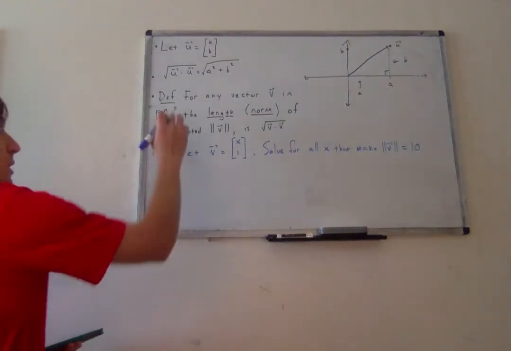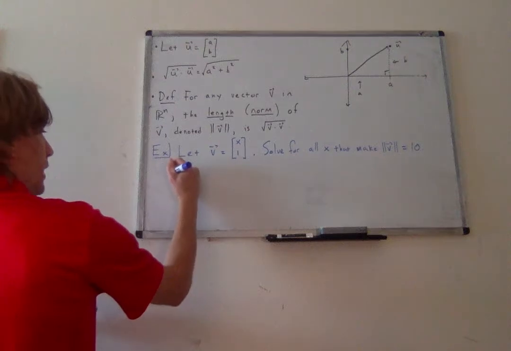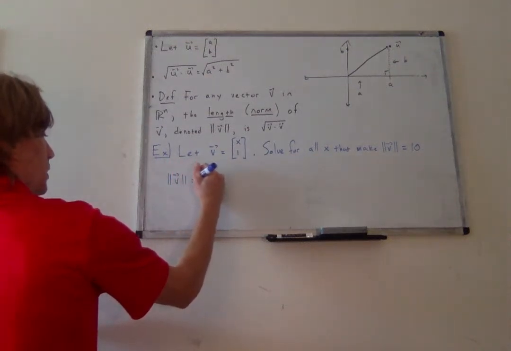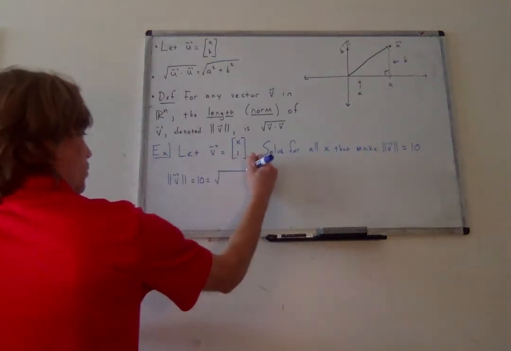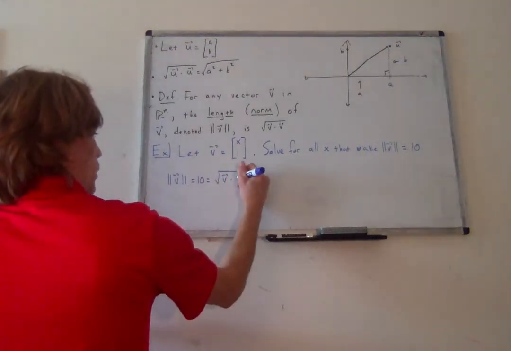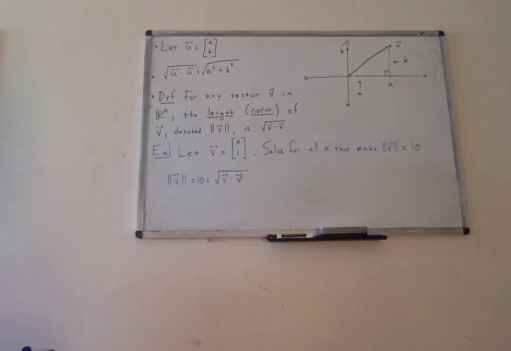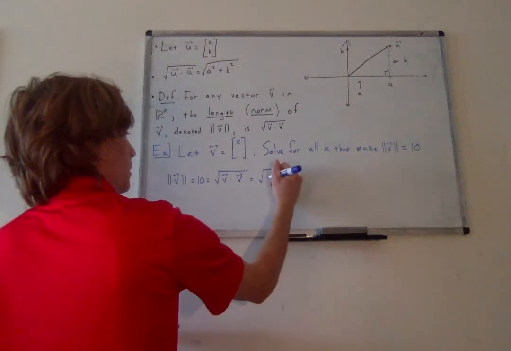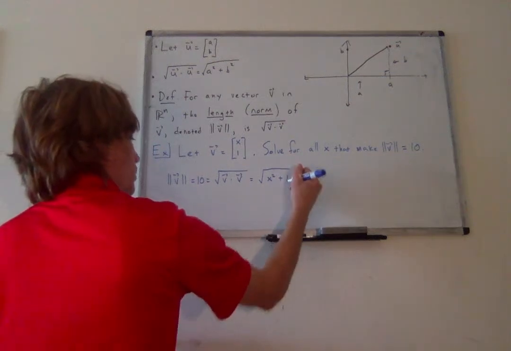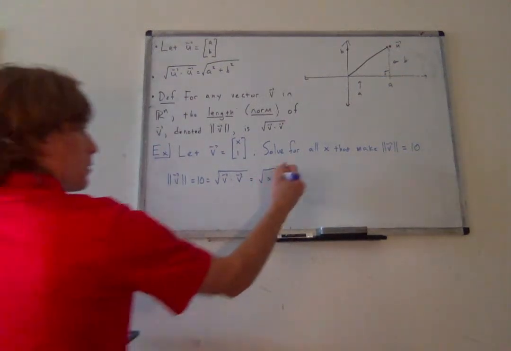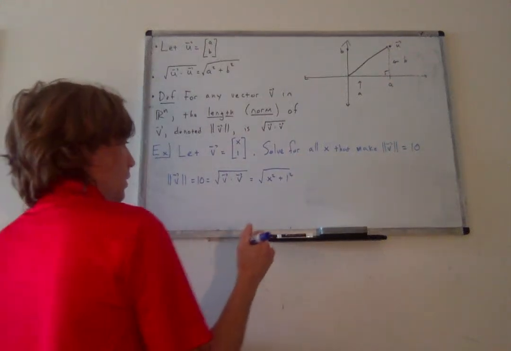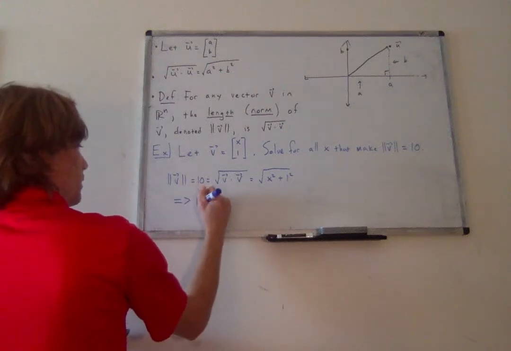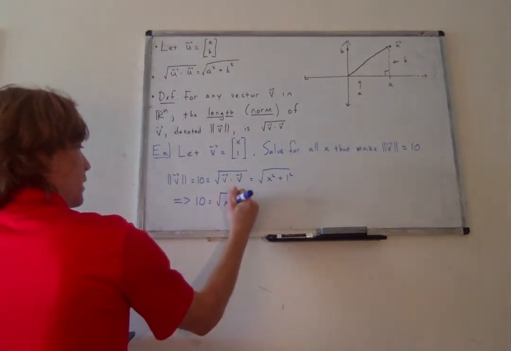So to do this, we just need to take our newfound formula for length. We know that the length of v, which is equal to 10, is also equal to the square root of the dot product of v with itself. So remember, for the dot product, we line up the entries of v and sum their multiples. So this would be x squared plus 1 squared, which is just 1. And so this would mean that 10 is equal to the square root of x squared plus 1.